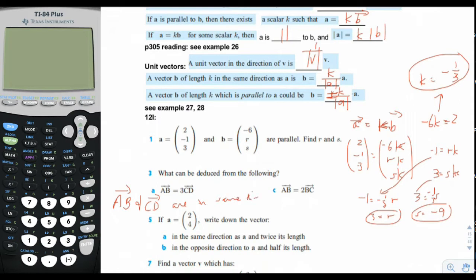Okay. Vector AB is equal to 2BC. So vector AB and BC are in the same direction. And we could also deduce something about their size too.